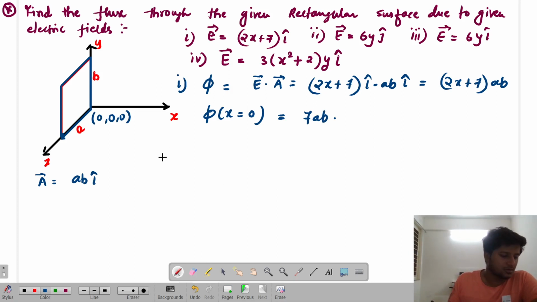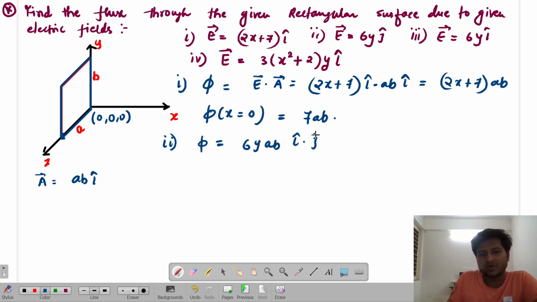Similarly, the second one, E vector is given as 6y j cap. So flux is simply 6y into AB i cap dot j cap, but that is 0 or not? i dot j is 0.